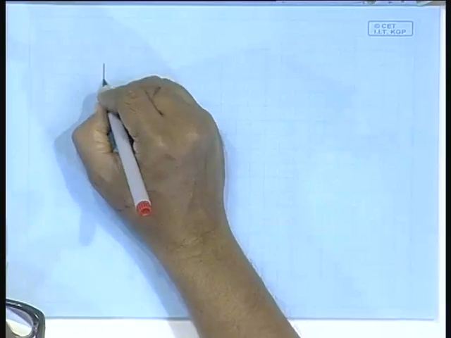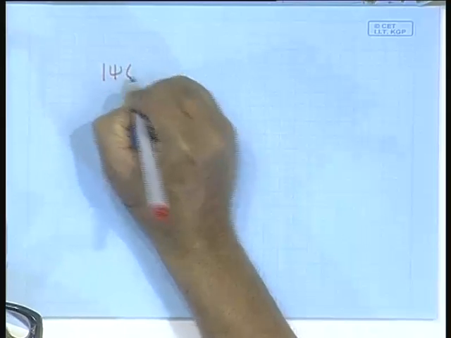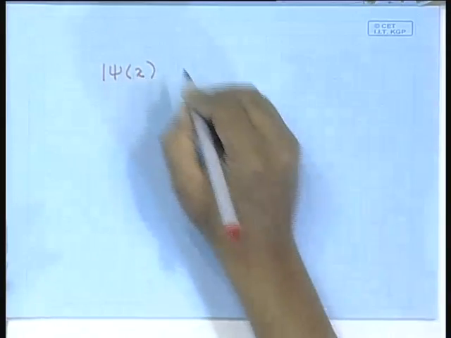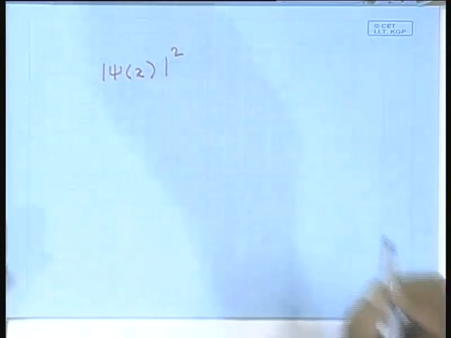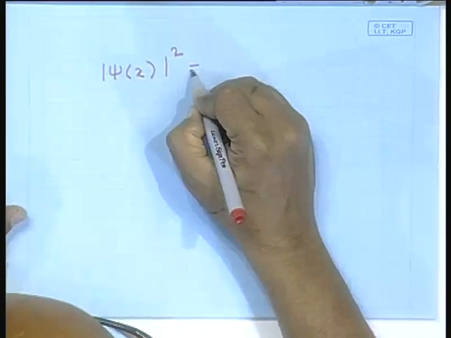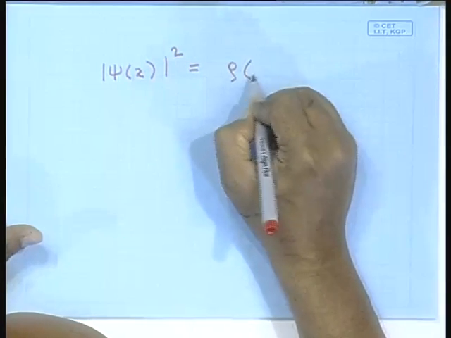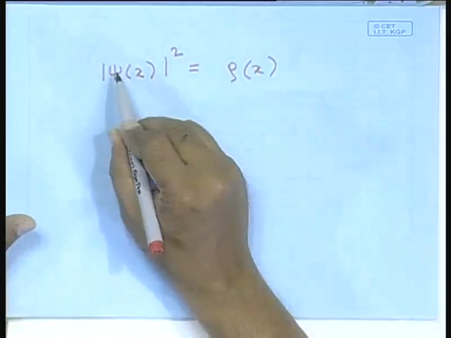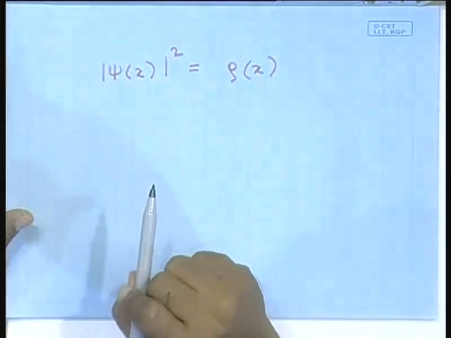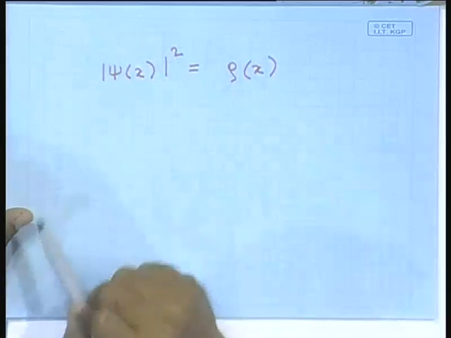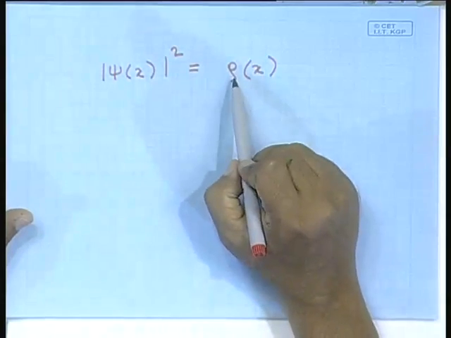Now next we have to relate all of this to quantum mechanics. In quantum mechanics, when you are dealing with electrons, we have introduced the probability amplitude psi x. The modulus square of the probability amplitude is basically the probability density.